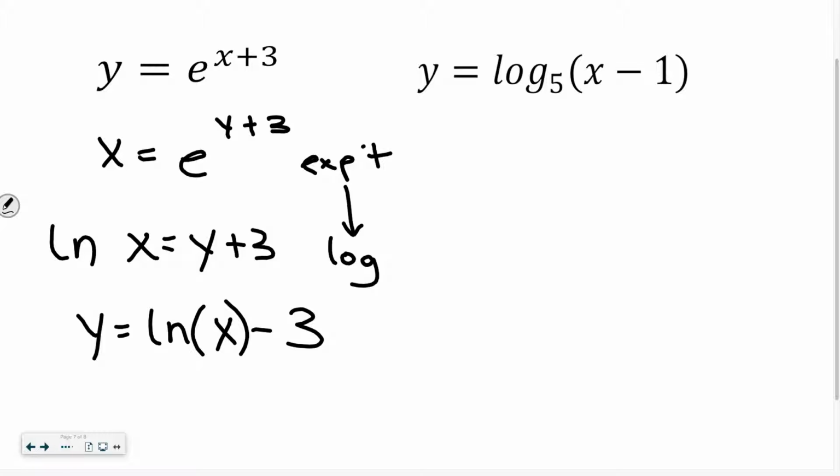Okay, last one. See if you can do it. Y equals log base 5 of x minus 1. Switch x and y.